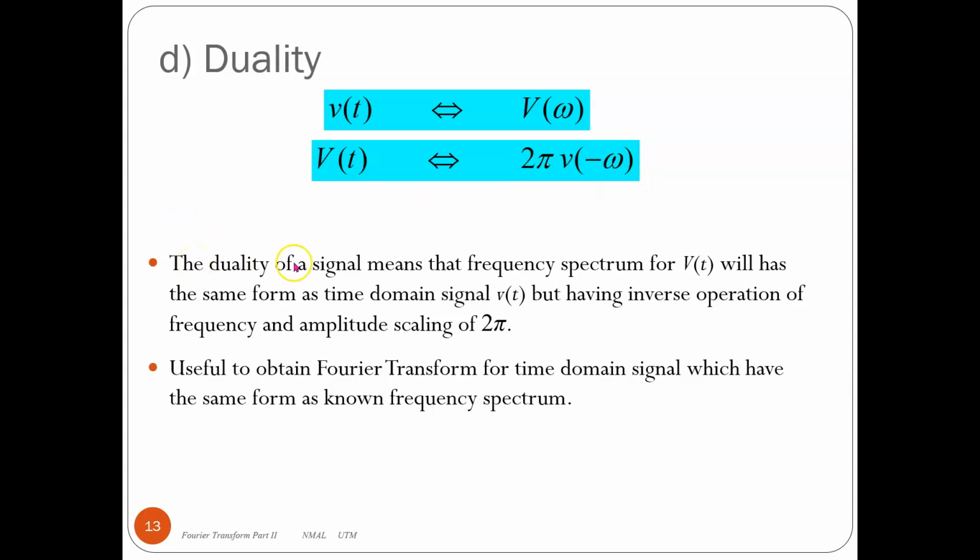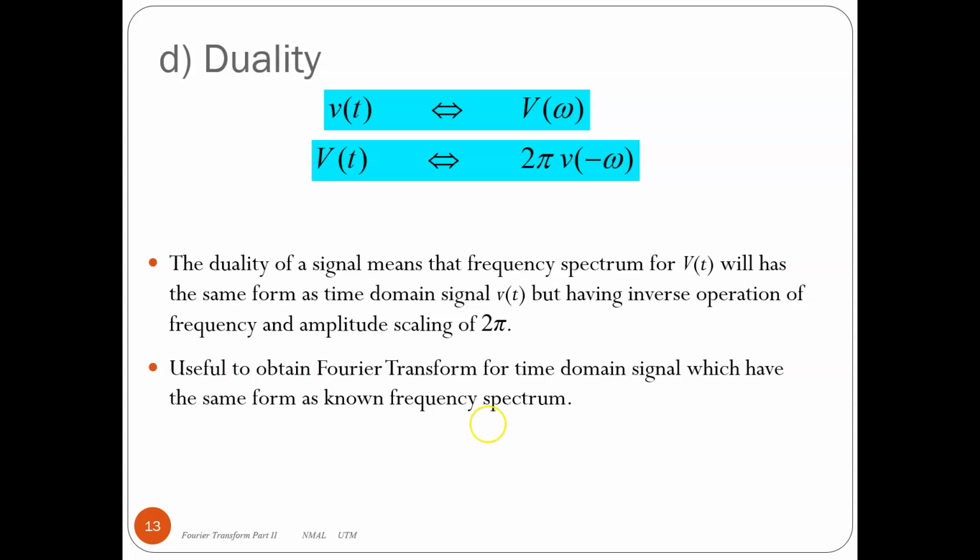In other words, the duality of a signal means that the frequency spectrum for v(t) will have the same form as the time domain signal, but with inverse operation of frequency and amplitude scaling of 2 pi. And this is useful to obtain the Fourier transform for a time domain signal which has the same form as a frequency form.